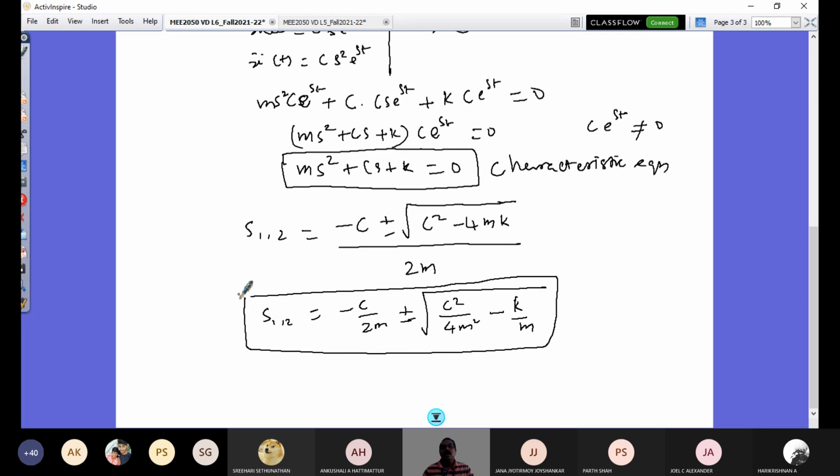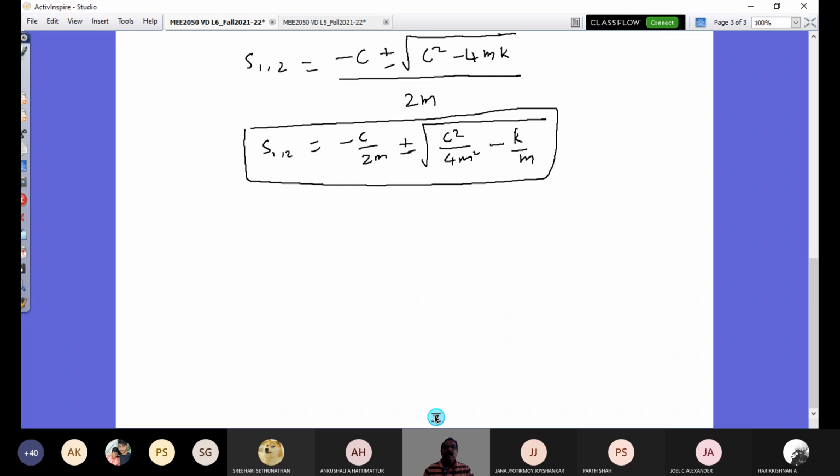Having the roots of this variable s, I can write my solution in this way. I'll have two solutions, as I have got two roots: x1 of t is c1 e raised to s1 t, and x2 of t is c2 e raised to s2 t.